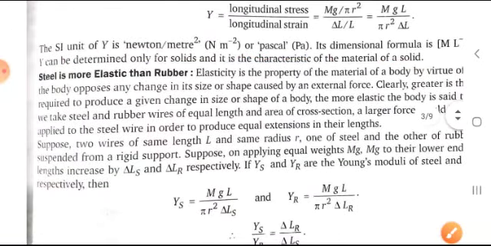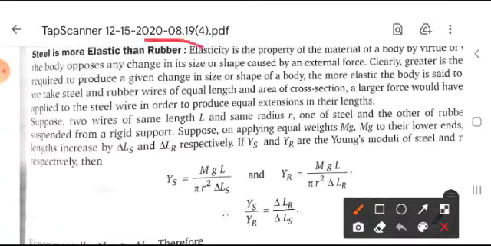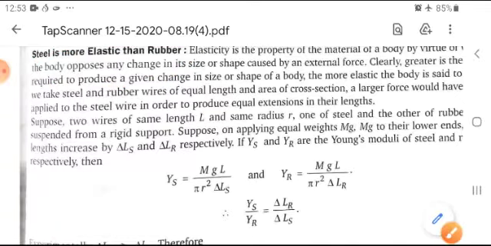Now moving forward, we compare who is more elastic if we take steel and rubber. Suppose that the length of the wire of steel and rubber is same, weight is also same, cross section area is also same, but rubber is elongated more after applying the weight.